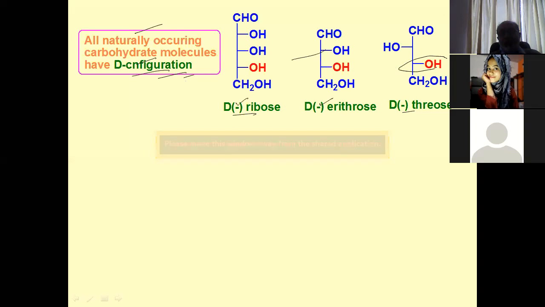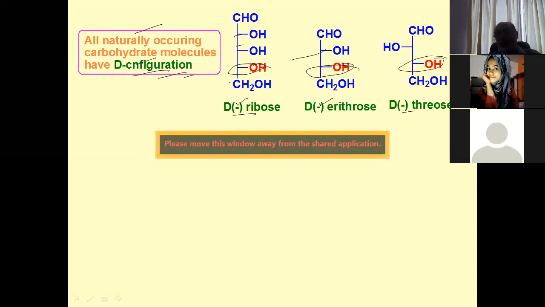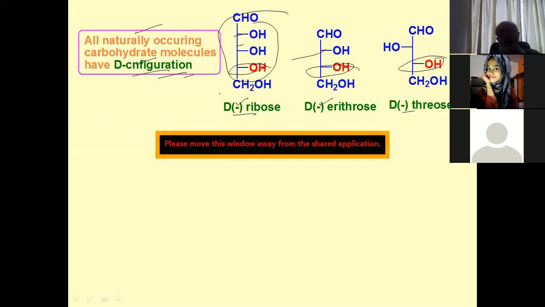You see everywhere, all are D because of this OH position. Here we have got two more, but we are not looking into that. The molecule as a whole is D. When we give RS configuration, we give it for every carbon atom, every chiral center. So that is the difference.